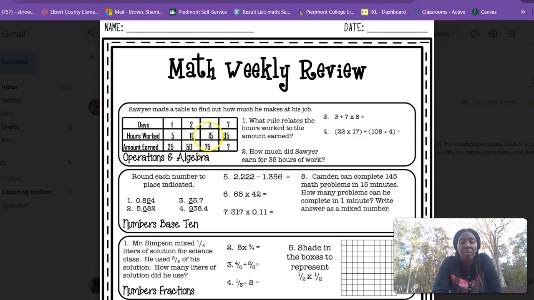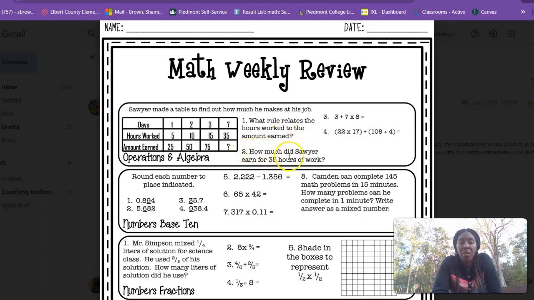And then here it will be 5 times 15 is 75. So then you would just need to see 35 times 5 equals what to get your answer for the question mark. So what rule relates the hours worked to the amount earned? So for every hour he works, he earns $5. So that's what you could write right here.